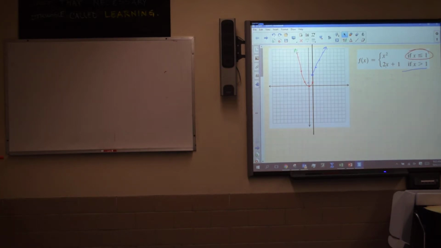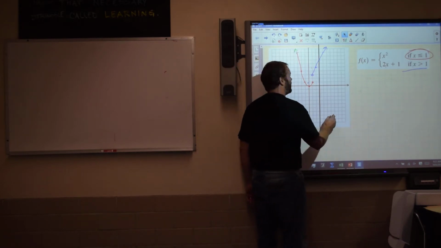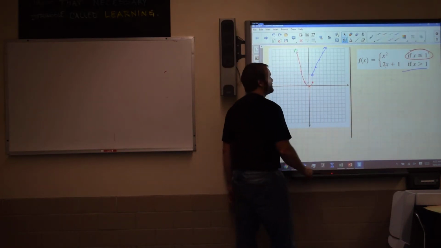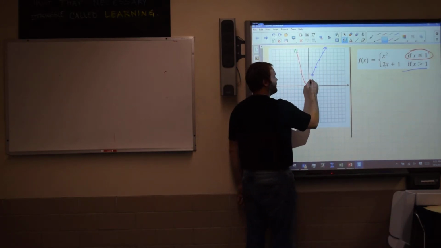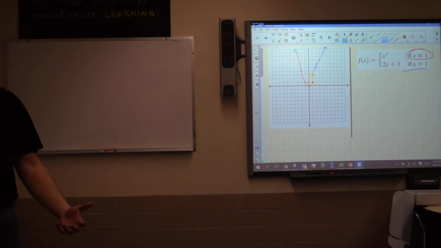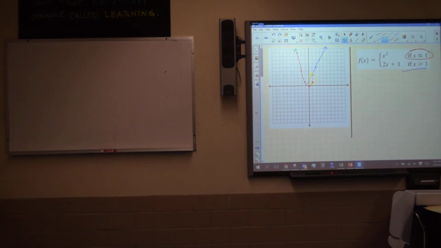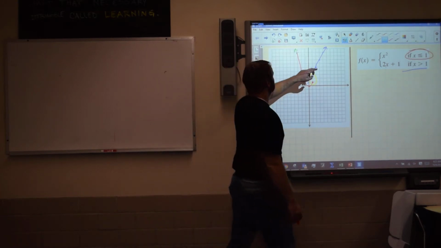So when you're doing these and you're just checking to make sure you've done things correctly, remind yourself you got to pass the vertical line test. And 90% of the time when somebody gets these wrong, it's because they came to those 2 spots right there and they filled both of them in, and it fails the vertical line test when you do that, and it violates the rules of being a function. Is it okay? Let's do another one. Let's go.